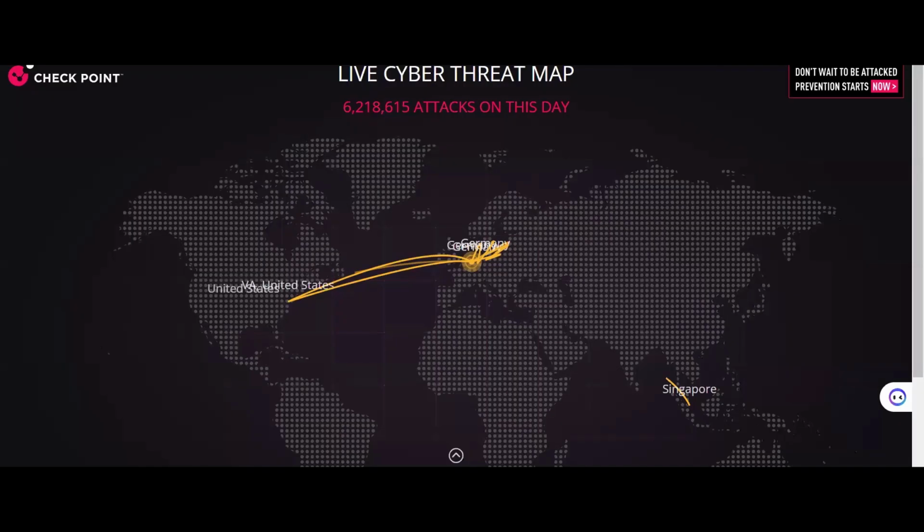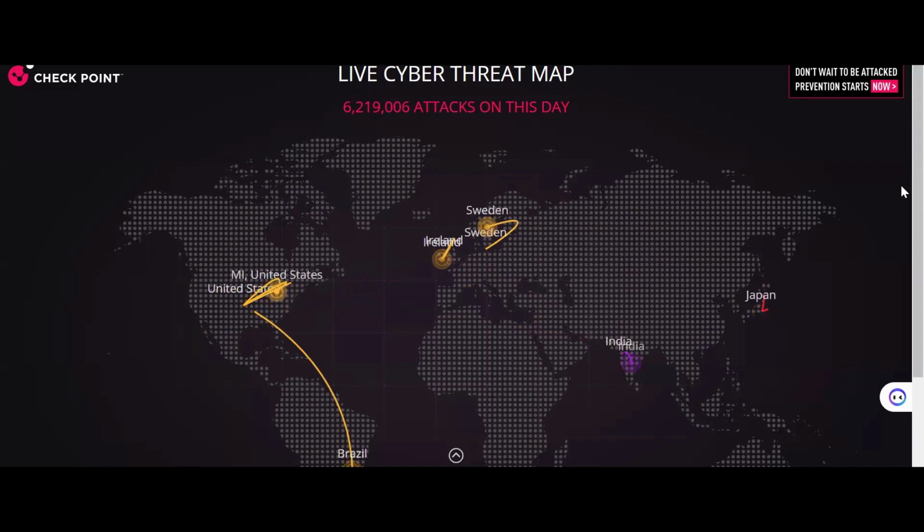Okay, so this is the Checkpoint live threat map, right? As you can see on the map, various regions are attacking other regions, like the US getting attacks, there you go, Brazil, and then it going back to Ireland, and intra-region attacks and all that.